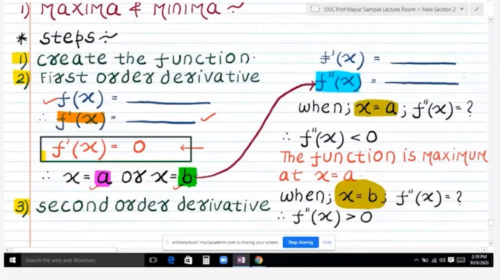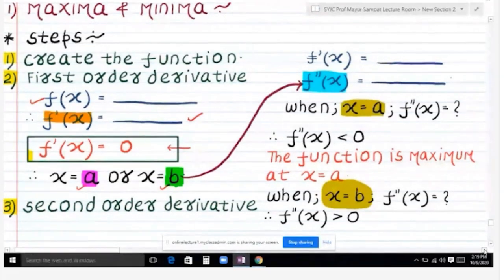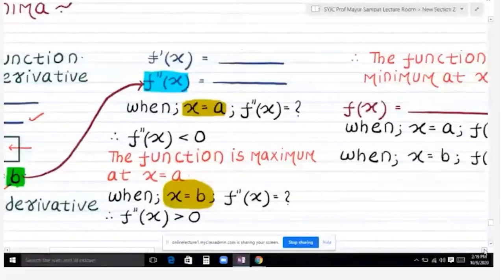If you find f double dash x less than 0, the given function is called a maximum function, whereas if f double dash x is greater than 0, it is called a minimum.